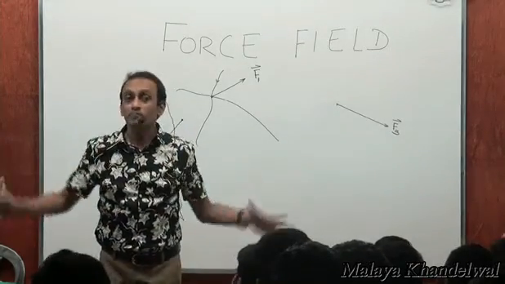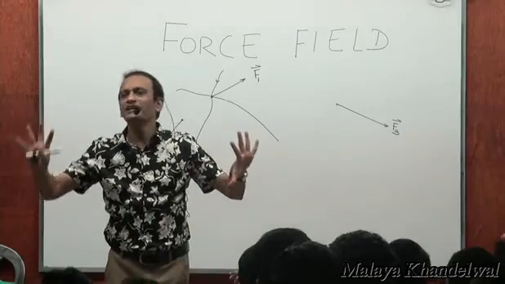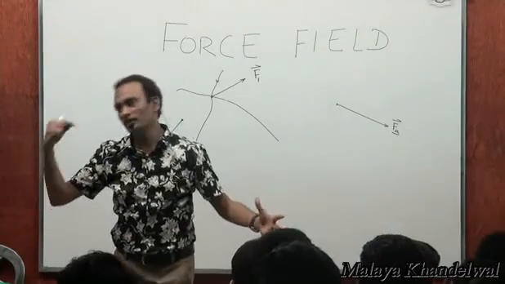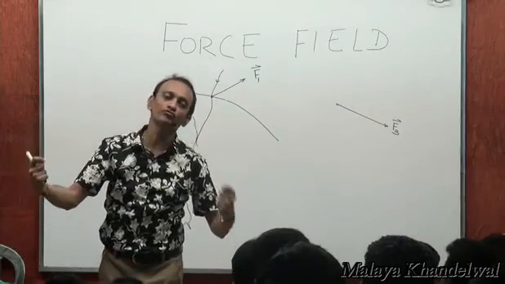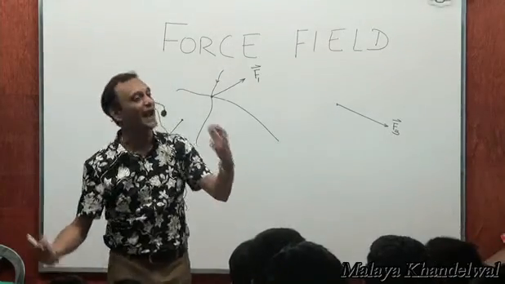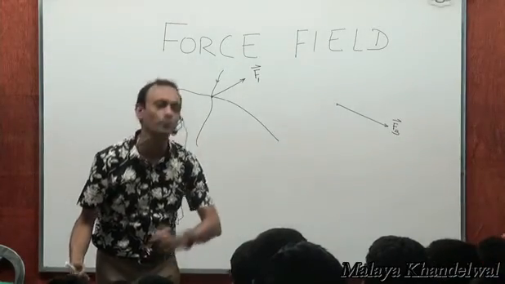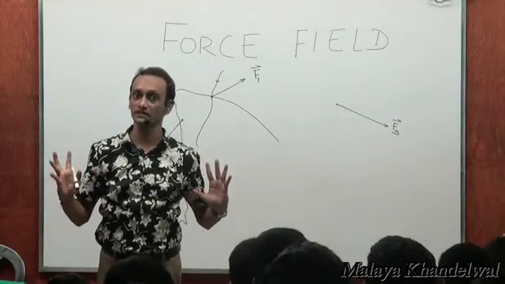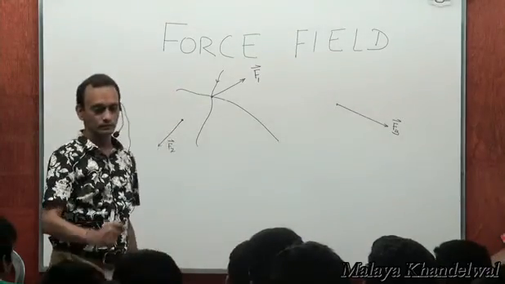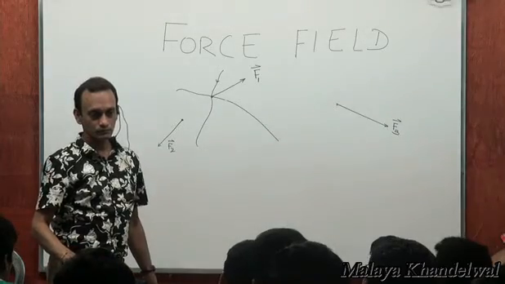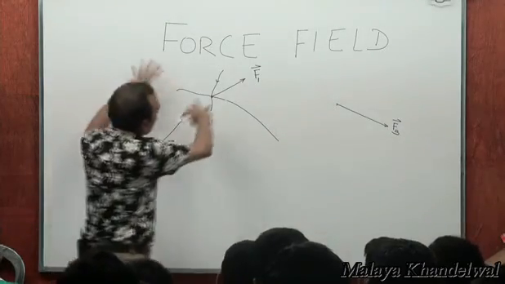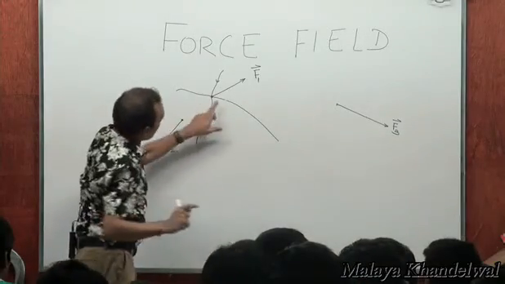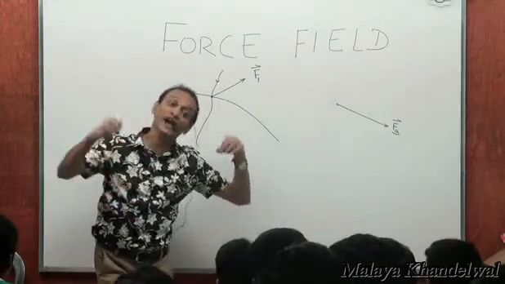It might have been tabulated or might have been provided to us in some form or the other. Given a point, I would know the force experienced by a test particle at that point, whether placed at that point or passing through that point in any manner. Right? So that's a force field. At every point of this region, it will experience some force or the other, and we have knowledge of that.